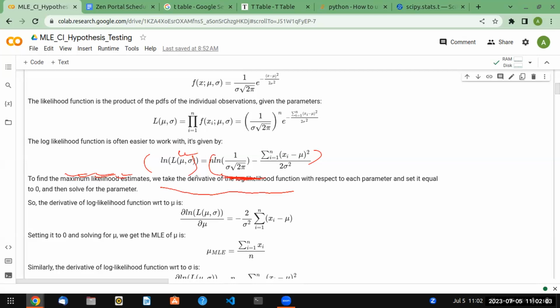So derivative with respect to mu, keeping sigma constant. When you do the derivative of this with respect to mu, you will get this formula, summation of xi divided by n. That is the formula to calculate what? Mean.